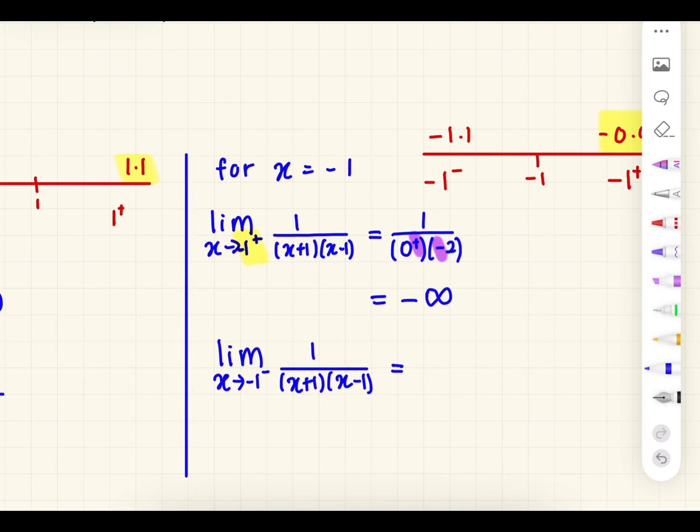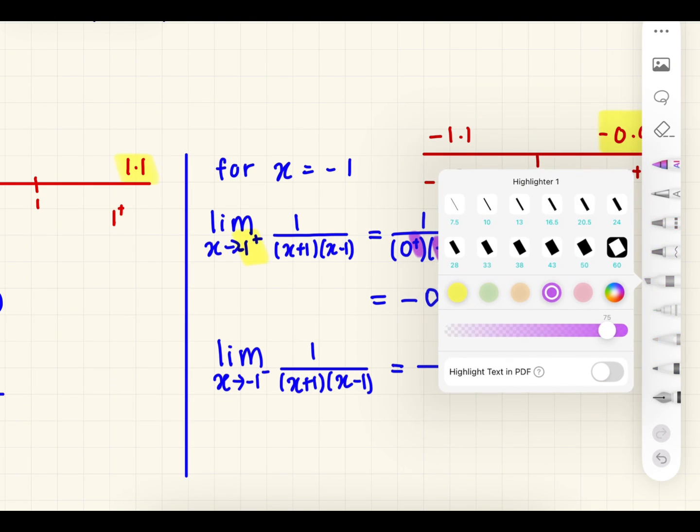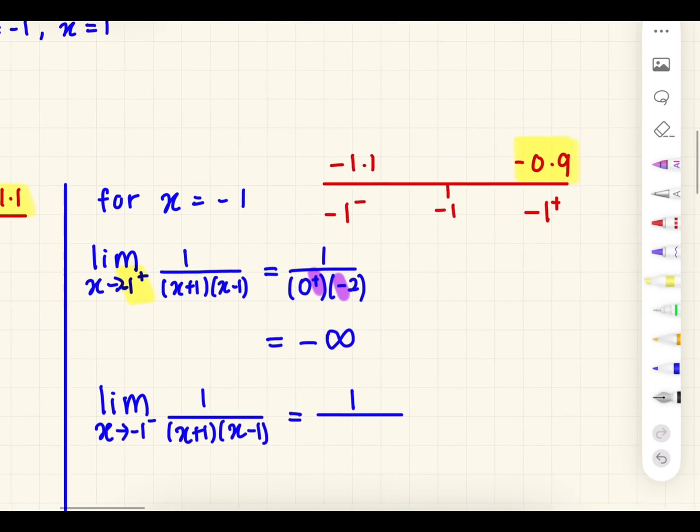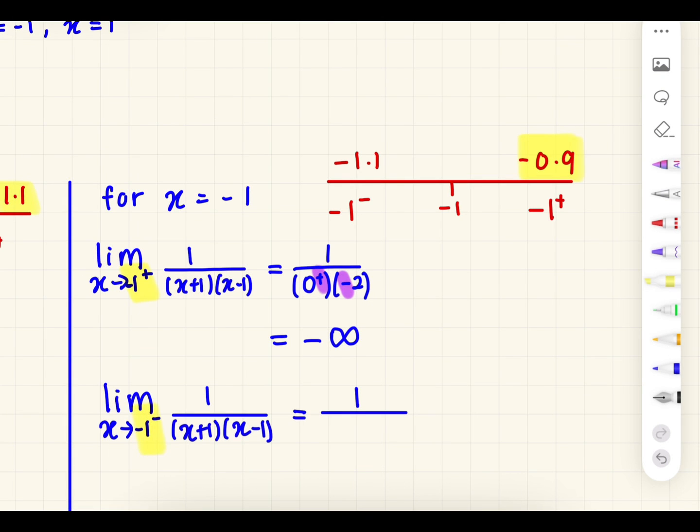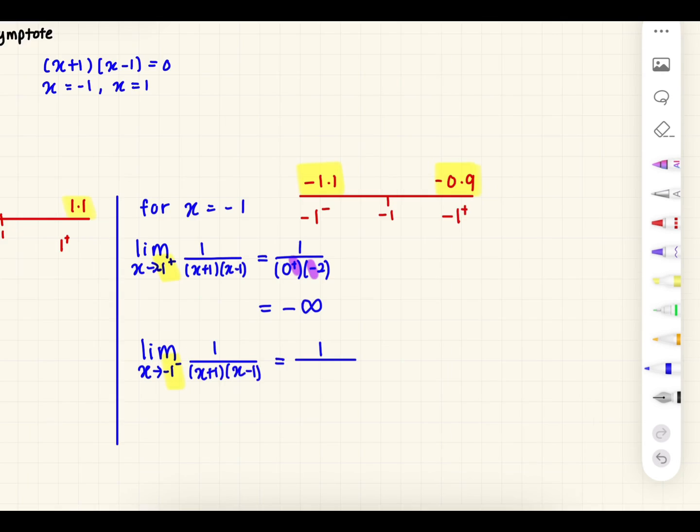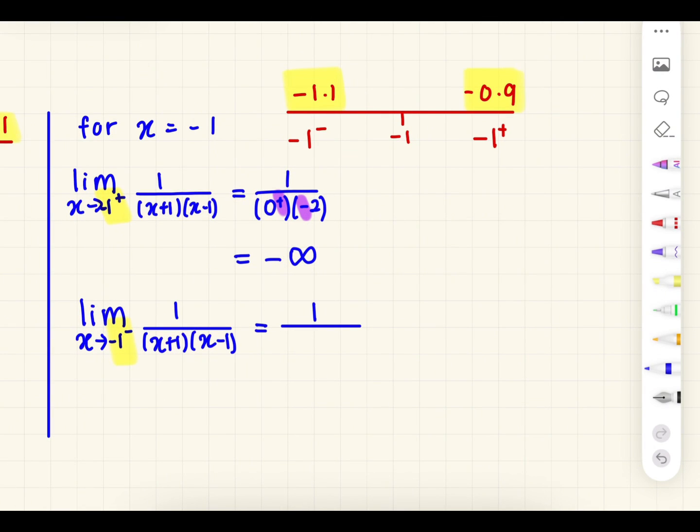So if we substitute negative 1.1 plus 1, you will get a negative number. So this will be 0 from the left. Negative 1 minus 1, we will get negative 2. So now you have 1 over 0 negative times negative 2. This will be positive infinity.